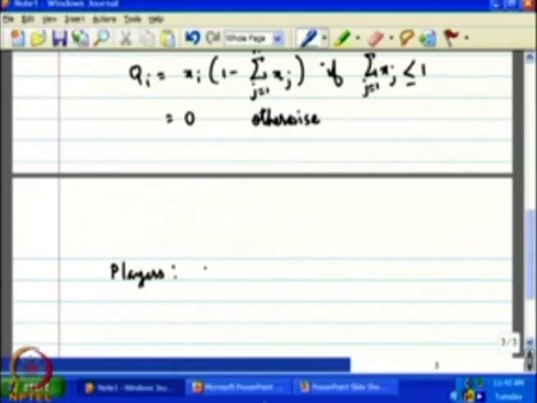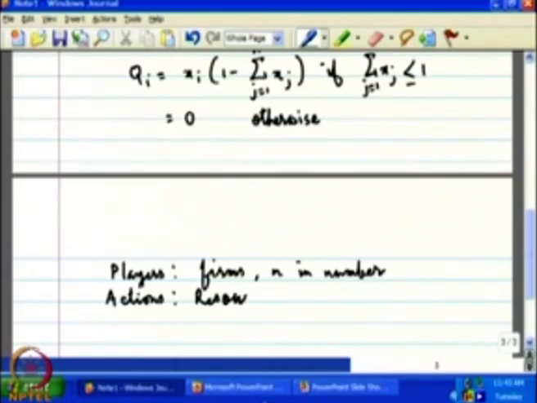Here the players are the firms, n in number. The actions are the resource used, given by xi, where xi is always less than or equal to 1 and greater than or equal to 0.